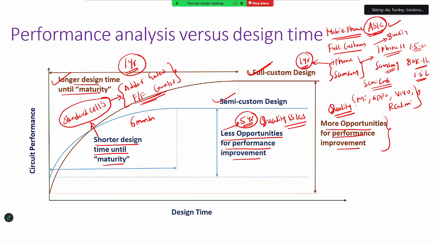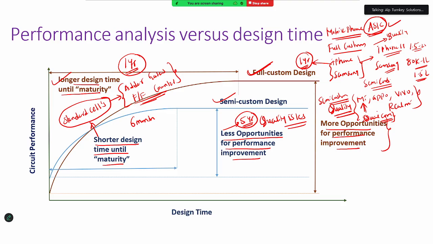These follow semi-custom design. Semi-custom design means, suppose an Mi phone is there, which processor will it use? Qualcomm Snapdragon. So it will purchase the processor, take the processor from Qualcomm and assemble.